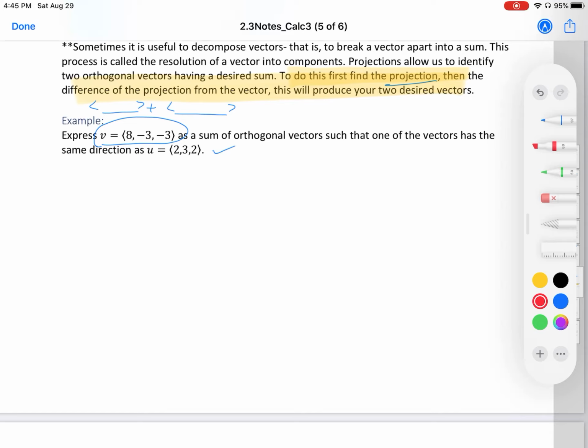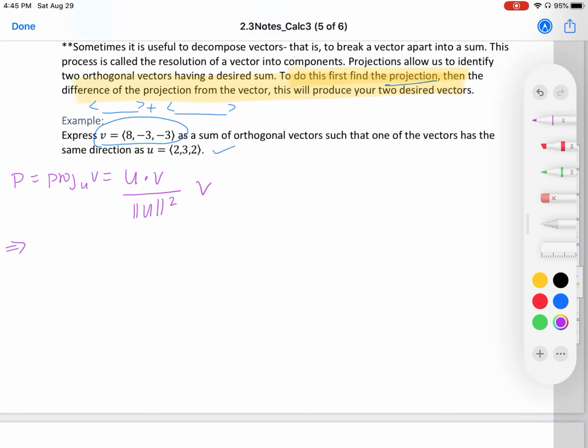So we have our projection P is equal to the projection of v onto u, which is the dot product of u and v divided by the magnitude of u squared times the vector u.